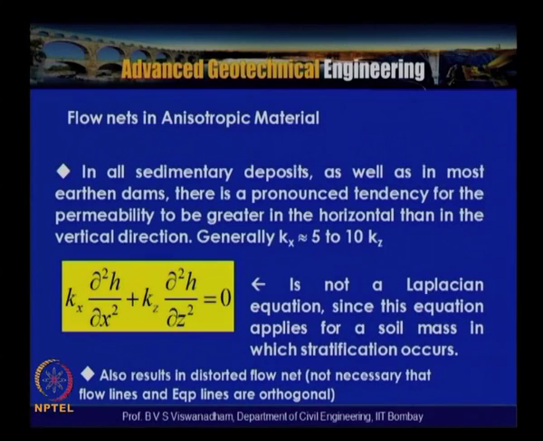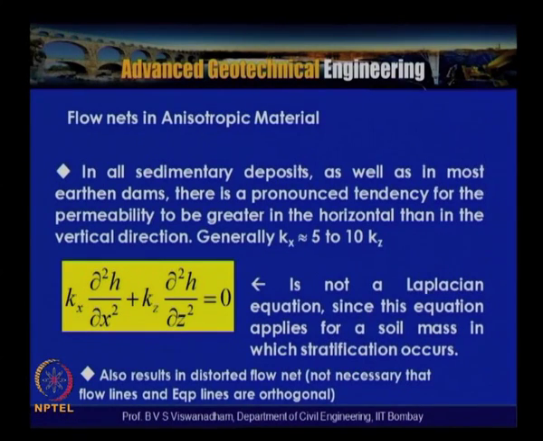In all sedimentary deposits as well as most earthen dams, there is a pronounced tendency for permeability to be greater in the horizontal than in the vertical direction, generally of the order of 5 to 10 times, that is, Kx is 5 to 10 times the vertical permeability.